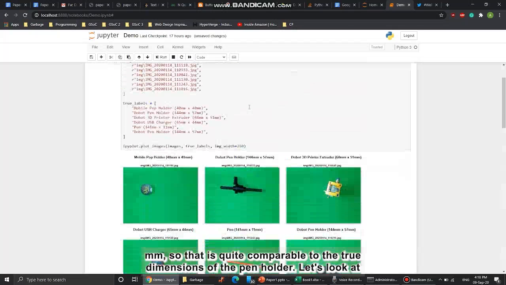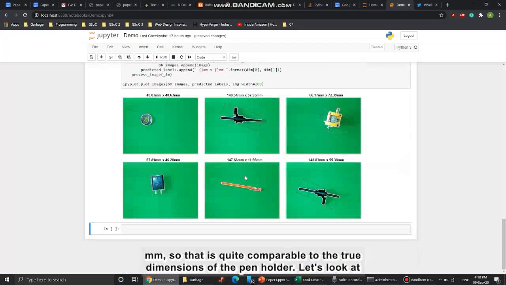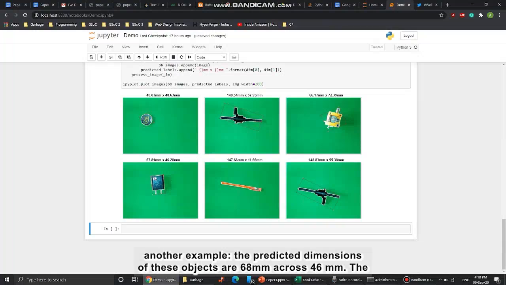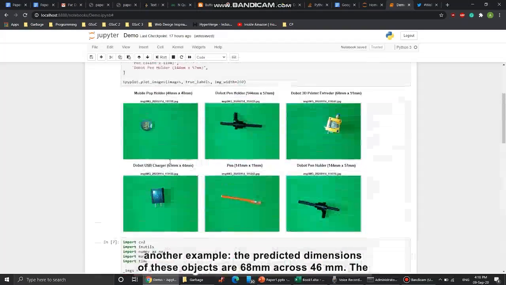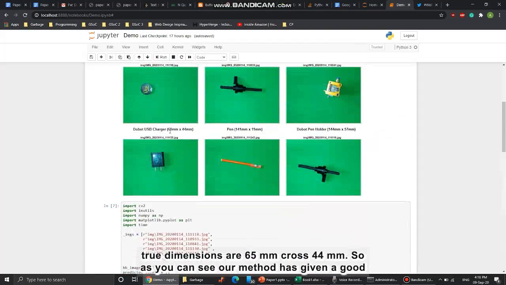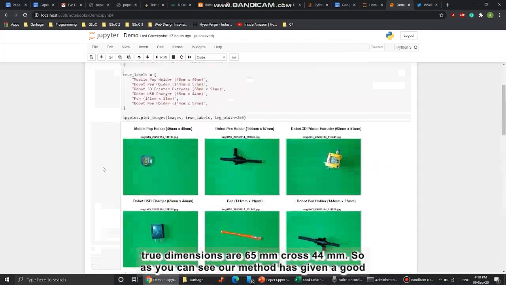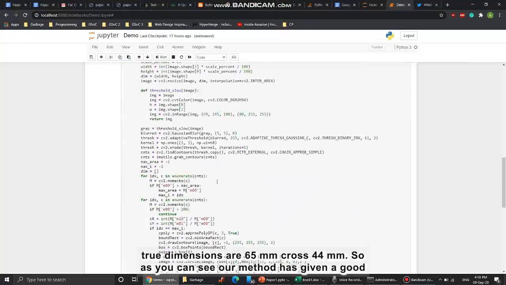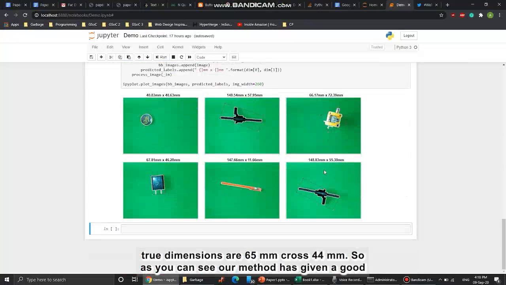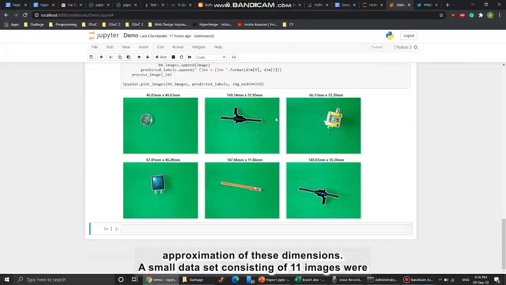So that is quite comparable to the true dimensions of the pen holder. Let's look at another example. The predicted dimensions of this object are 68 mm by 46 mm. The true dimensions are 65 mm by 44 mm. So as you can see, our method has given a good approximation of the dimensions for each of these objects.